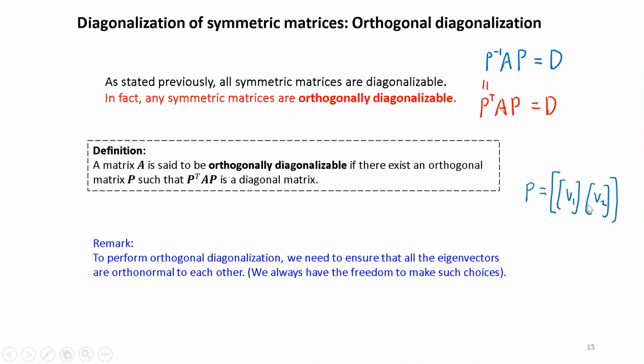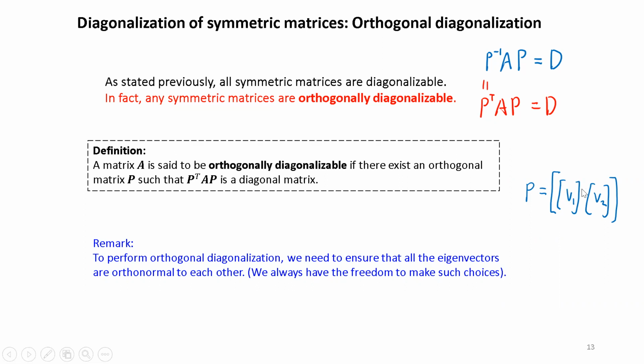And remember that for V1 and V2, sometimes you have freedom to choose, especially in the case of degenerate eigenvalues that we'll talk about.